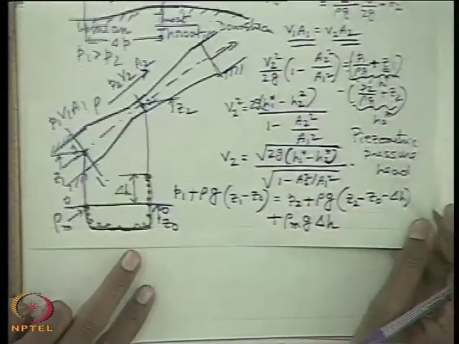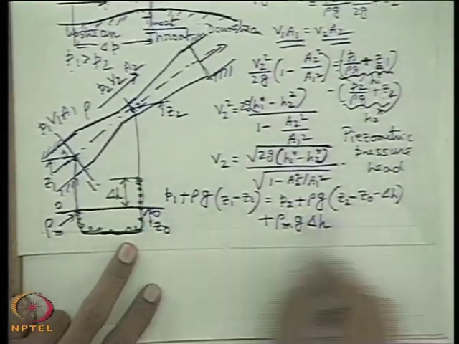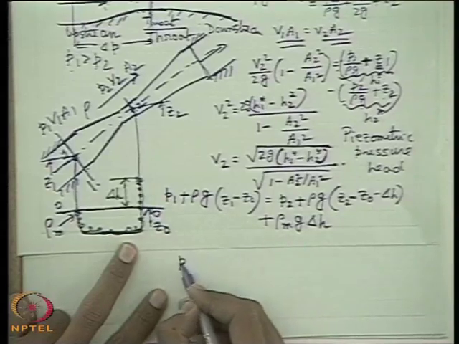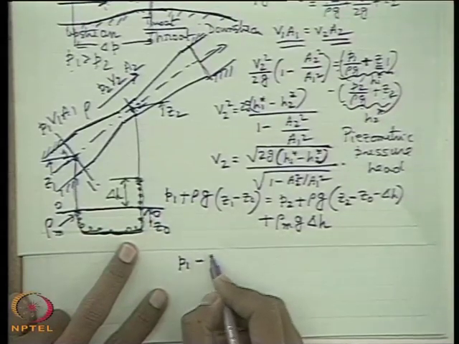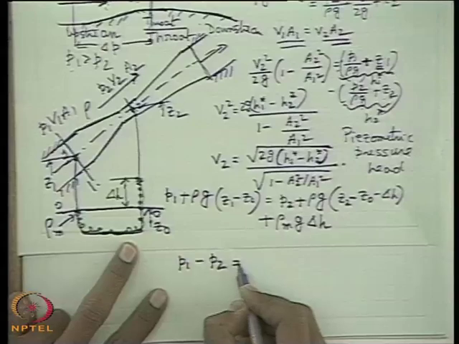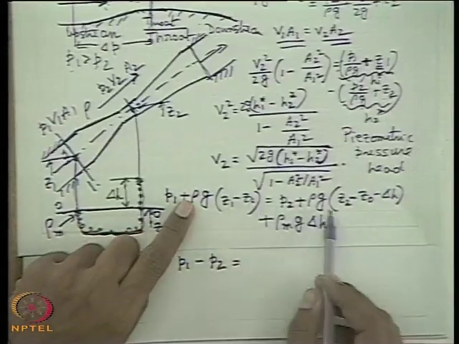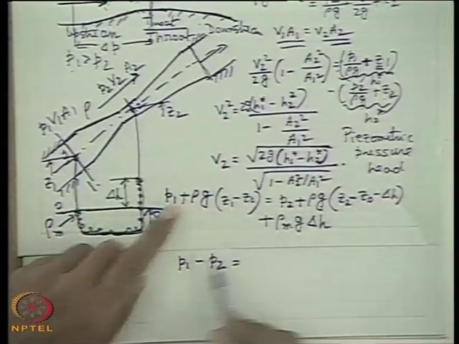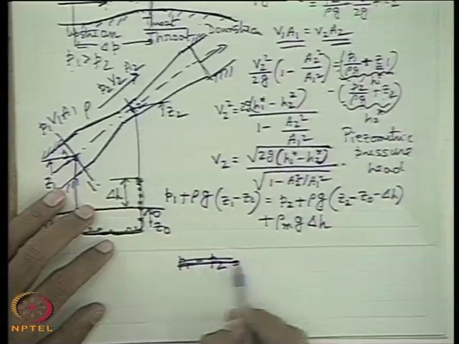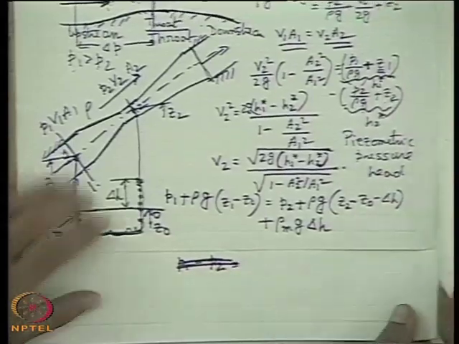Well, if you now write it, rho g Z0 and rho g Z0 will cancel. So rather than P1 minus P2, I am very sorry, my objective is different.